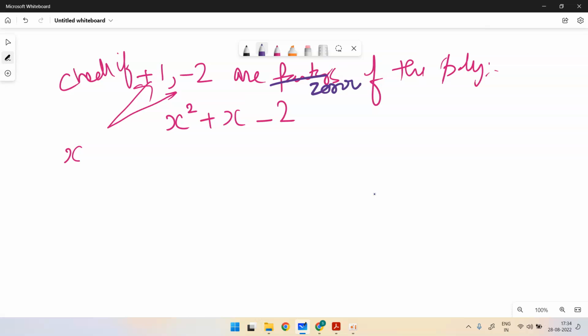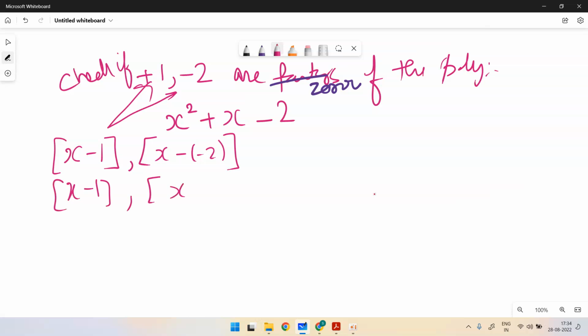If these are 0, then the factors will be x minus 1 and x plus 2. Now, if these two are factors, then if you multiply these two, this is x square, this is 2x.